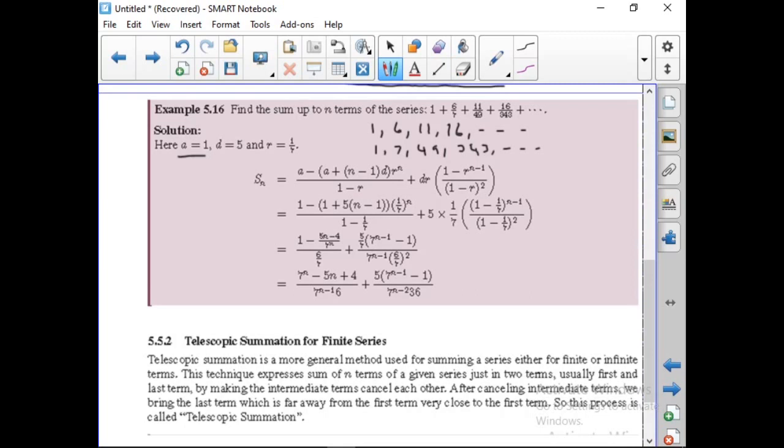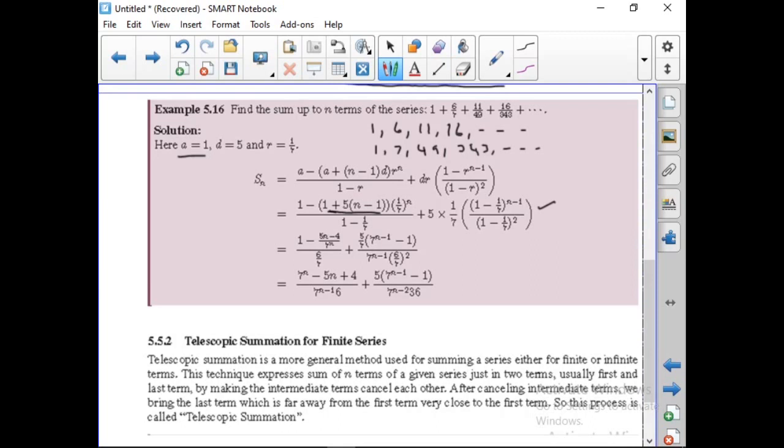So, write the formula and substitute all the values. Now, we have to simplify this. So, how to simplify? See here, 1 plus 5n minus 5 gives you minus 4.